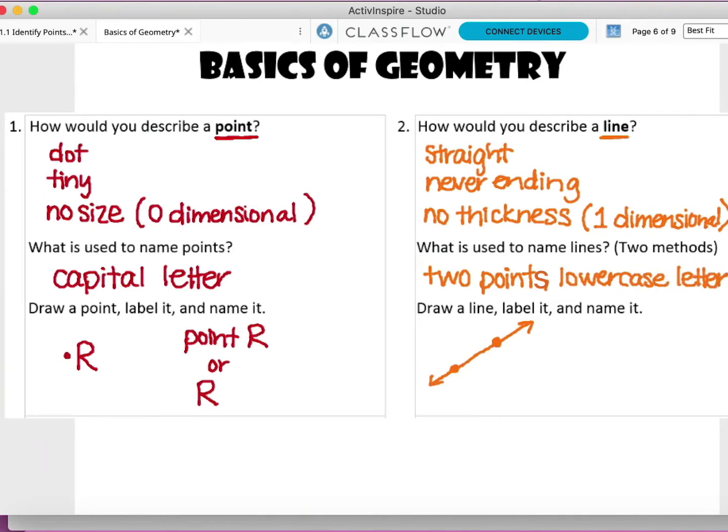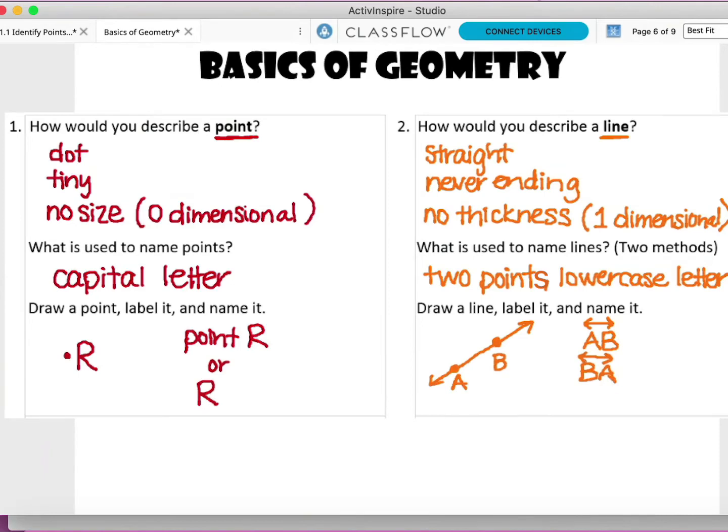So on this diagram, let's say that's point A and this is point B. We could name that line line AB. And we use the symbol with 2 arrows on the top for line AB. The order doesn't matter, so BA would be just as good. We would know that we're talking about the one line that goes through points B and A.